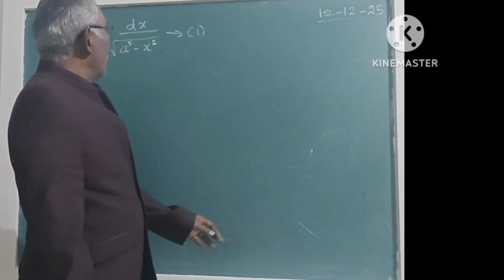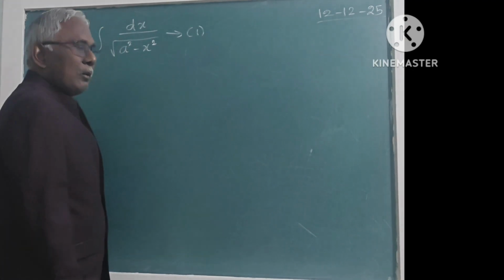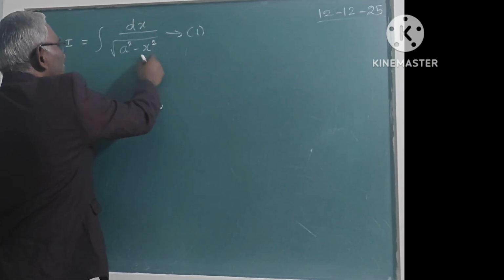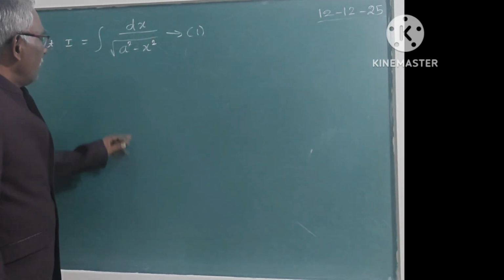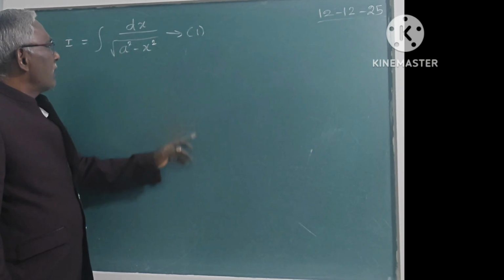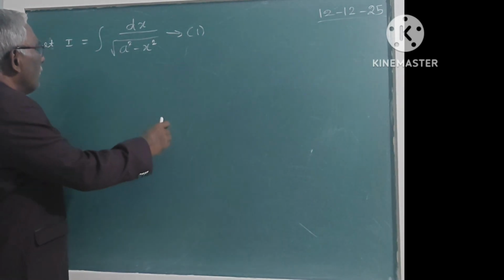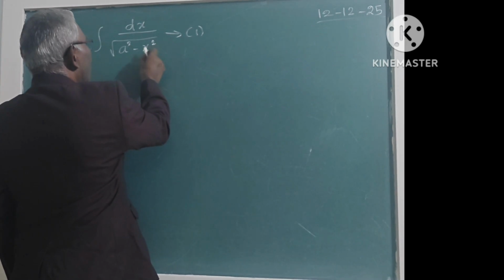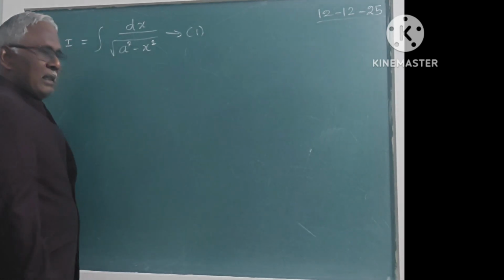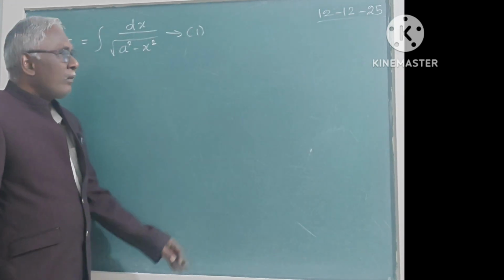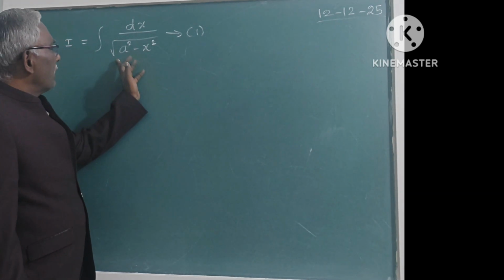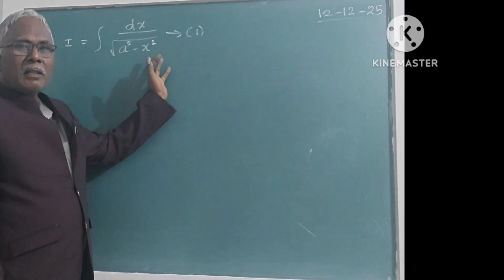Now the next one is square root of a square minus x square. So what value we have to substitute for x? Then a square minus x square becomes a single term. If we put x as a sin theta, x square is a square sin square theta. If we take a square outside, 1 minus sin square theta will come.